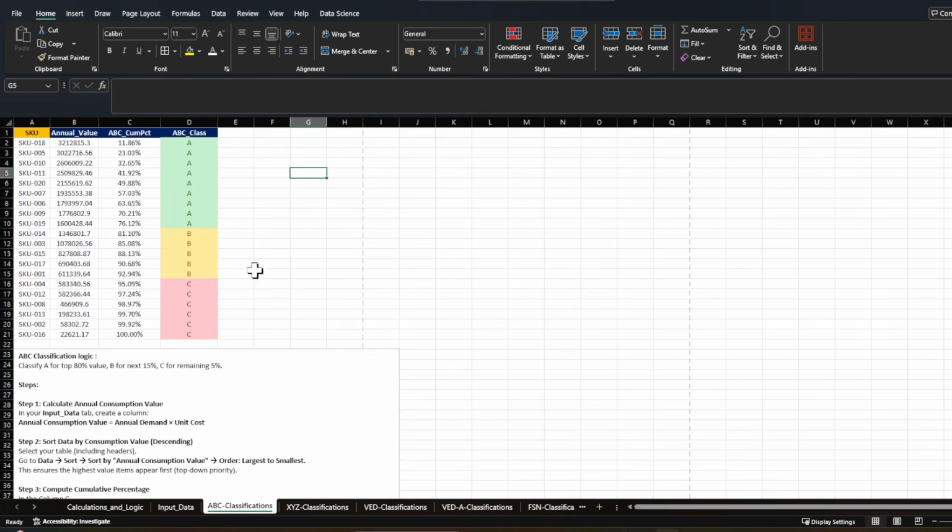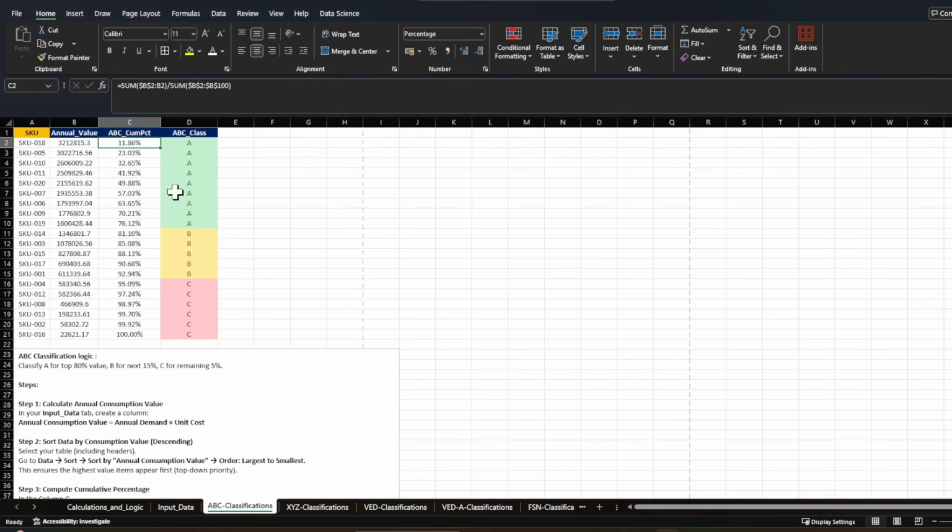It's super easy. You just need to write down all of your SKUs and then write down their values. The one critical point is that you need to sort from largest to smallest on the value, so that your cumulative percentage of value is rightly calculated. So we have this sort and then we have calculated this cumulative percentage.